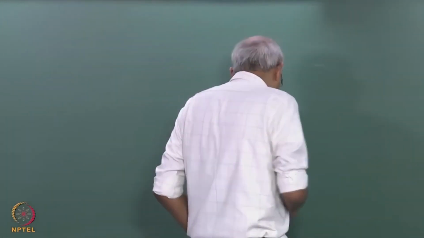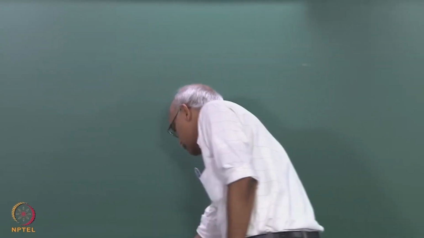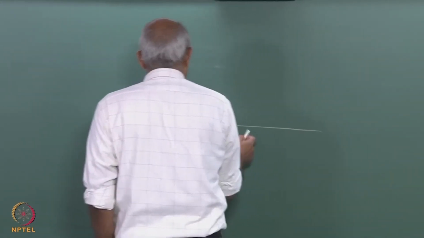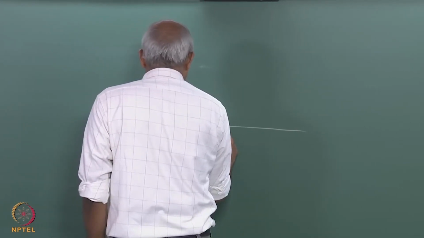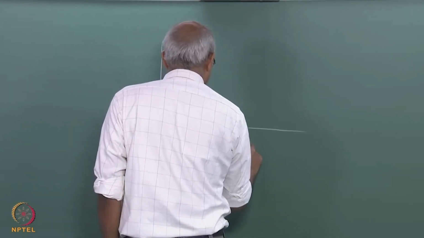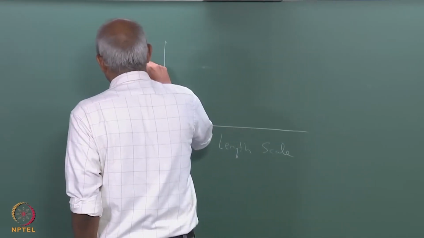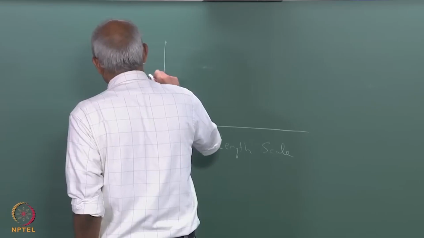In fact, another way to look at what we have discussed in that class is to plot your, let us say, length scale on the x axis to a time scale on the y axis.